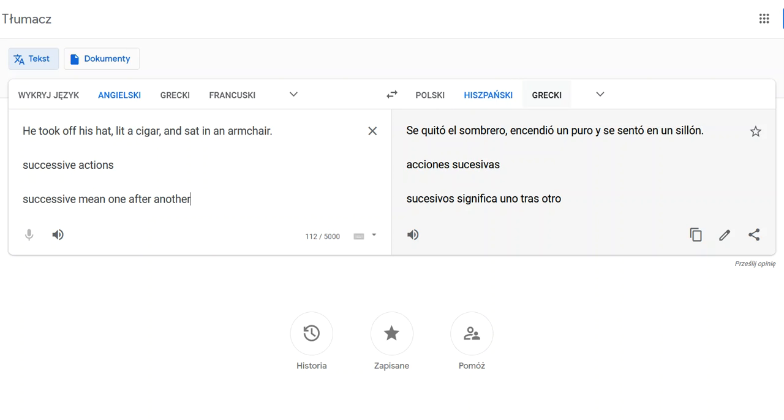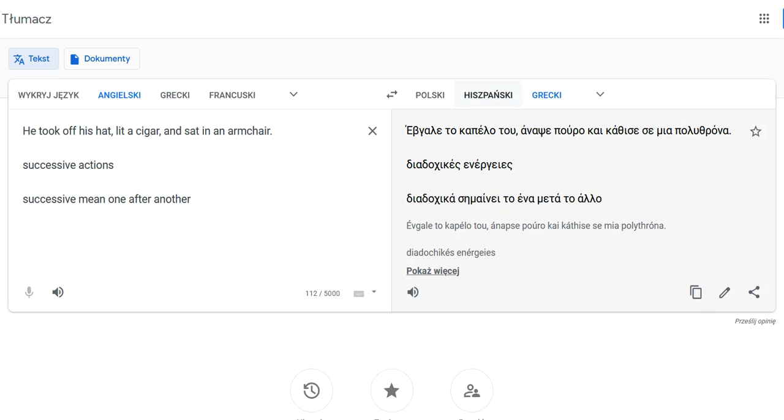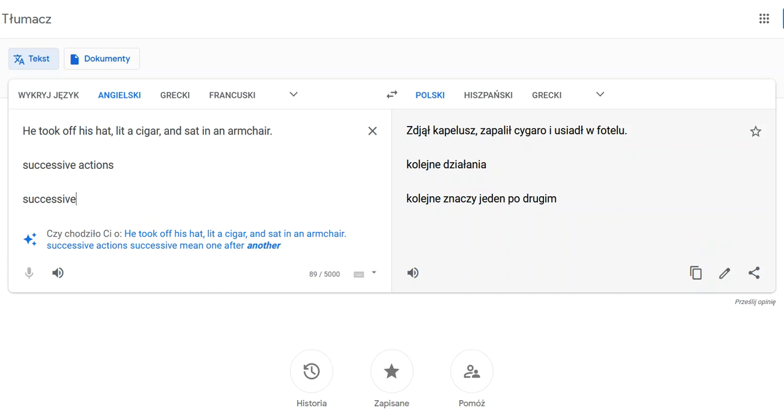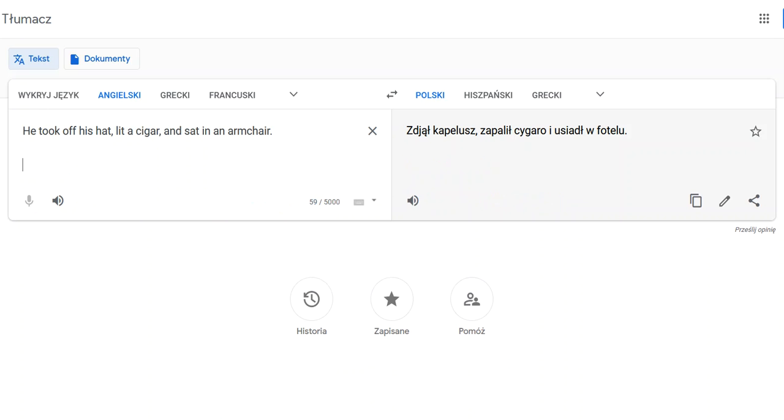Okay. So when the context is successive, we use simple tenses. Okay? When the context is successive, we use simple tenses.